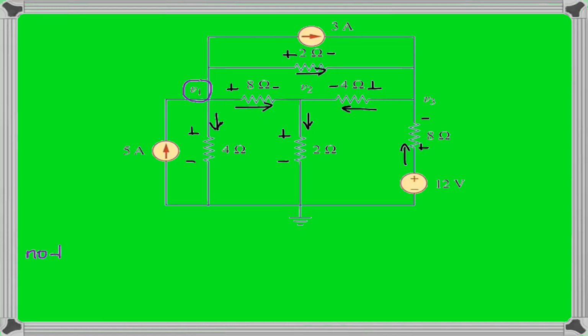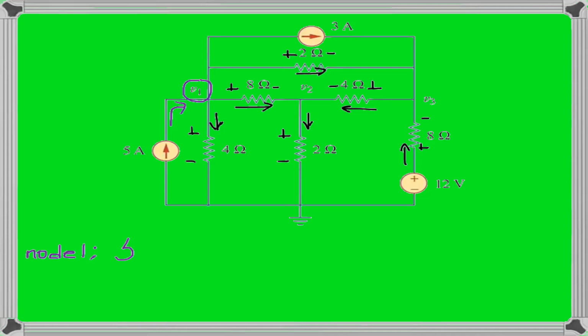So let's see what the equation for node 1 would be. We'll start with the 5 amp current source, because the 5 amps is already a current, so we have the first current ready, and this current is coming into the node. Let's make the currents coming into the node positive and the currents leaving the node negative.